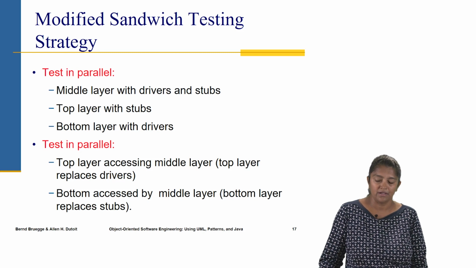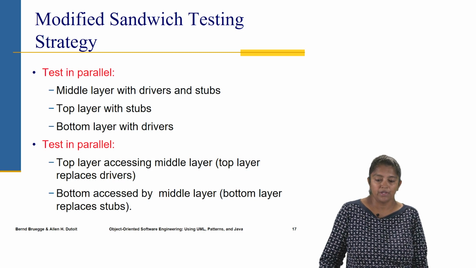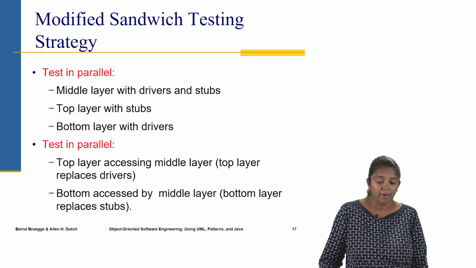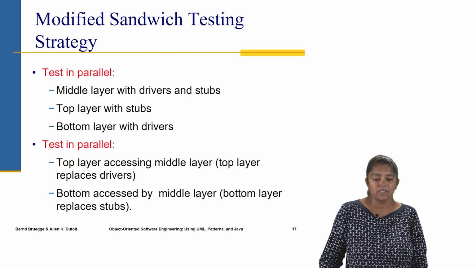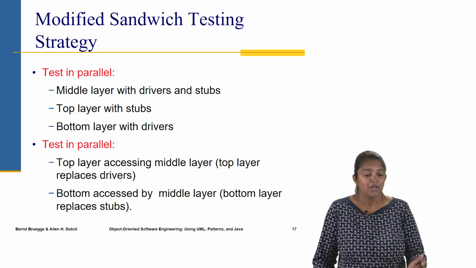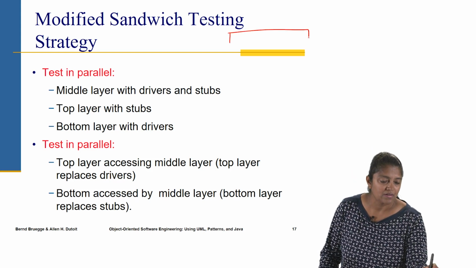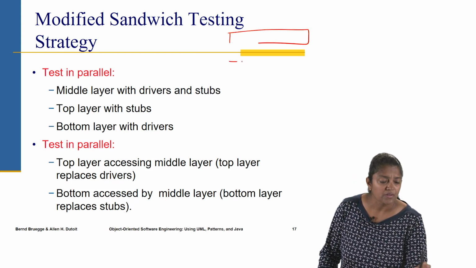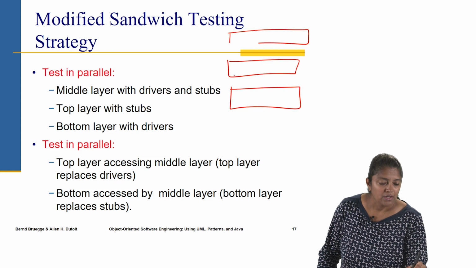In the modified sandwich, basically what we're doing is in parallel, we first test the middle layer with drivers and stubs. We test the top layer with stubs alone and the bottom layer with drivers alone. So say we have this three-tiered architecture.